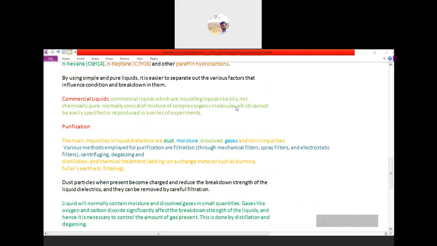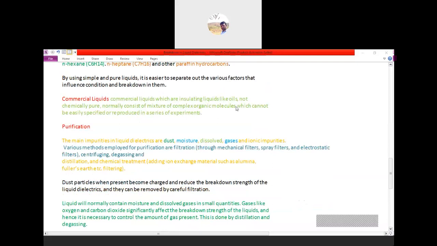So a commercial oil is a complex organic molecule mixture.